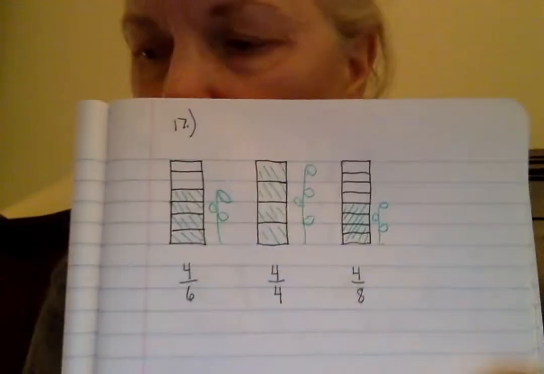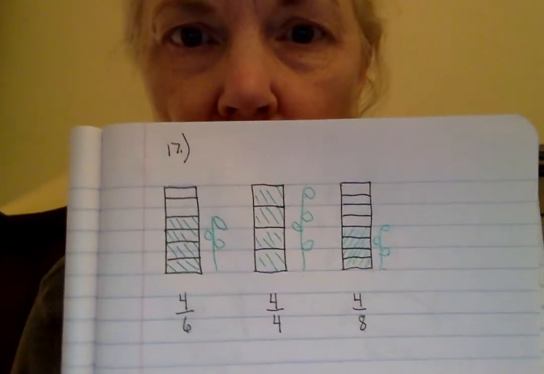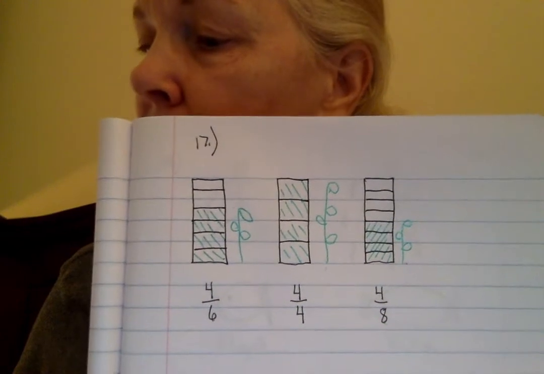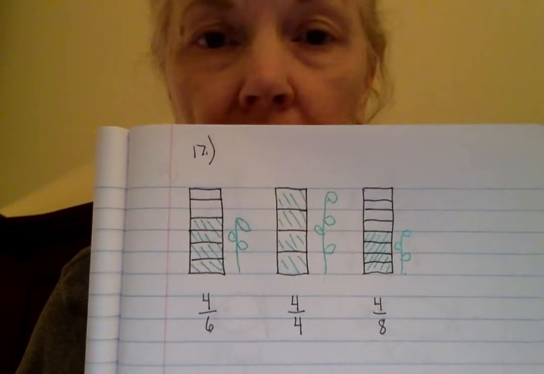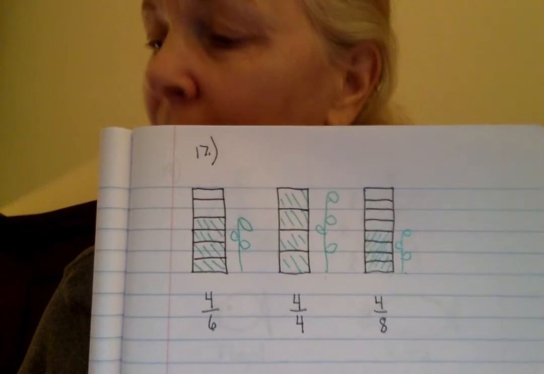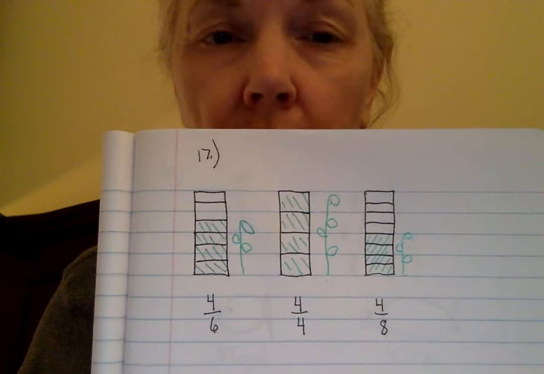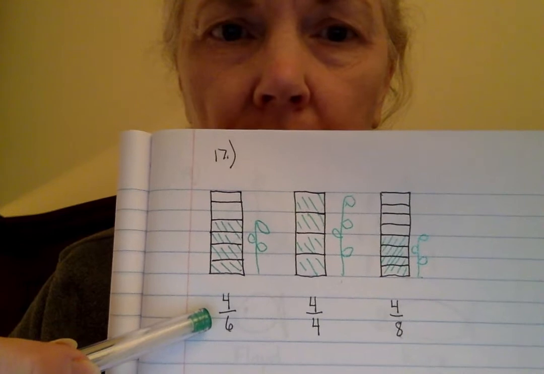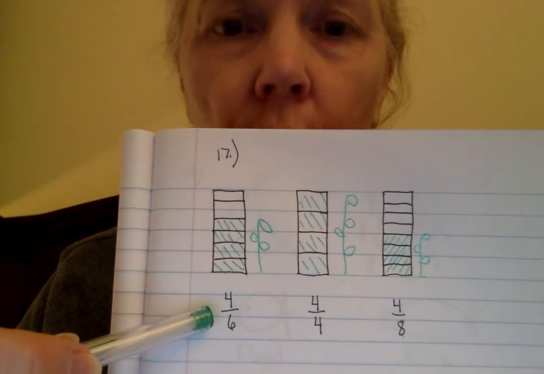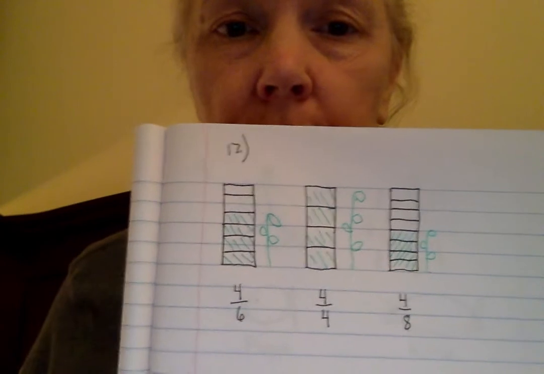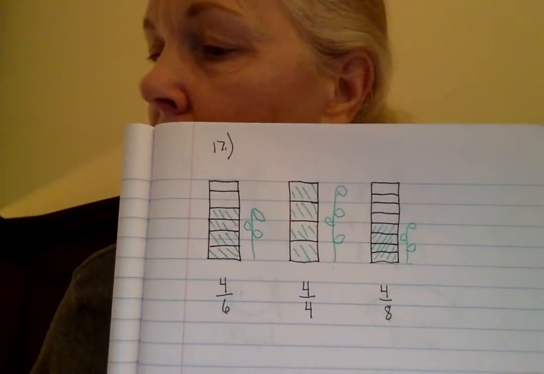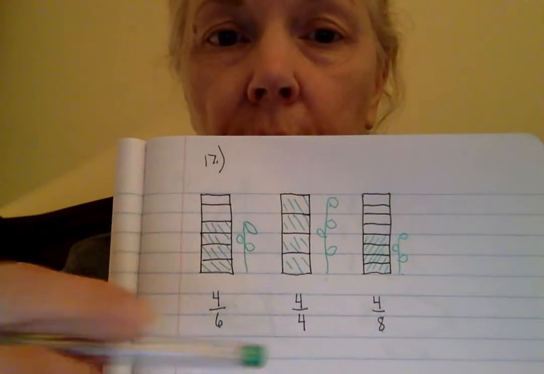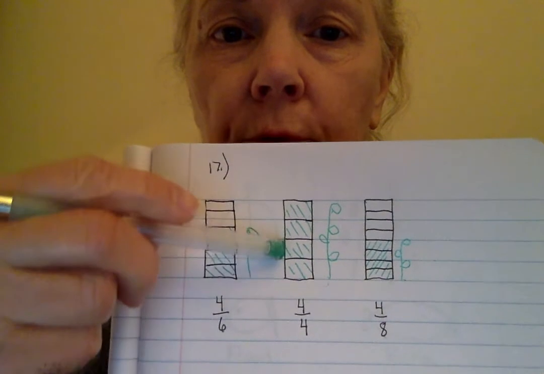Now when I look at my plants, answer these questions. 4/6 of a foot is least, between, or greatest. Is that the smallest plant, the largest plant, or the in-between plant? Next it says 4/4 of a foot is what?